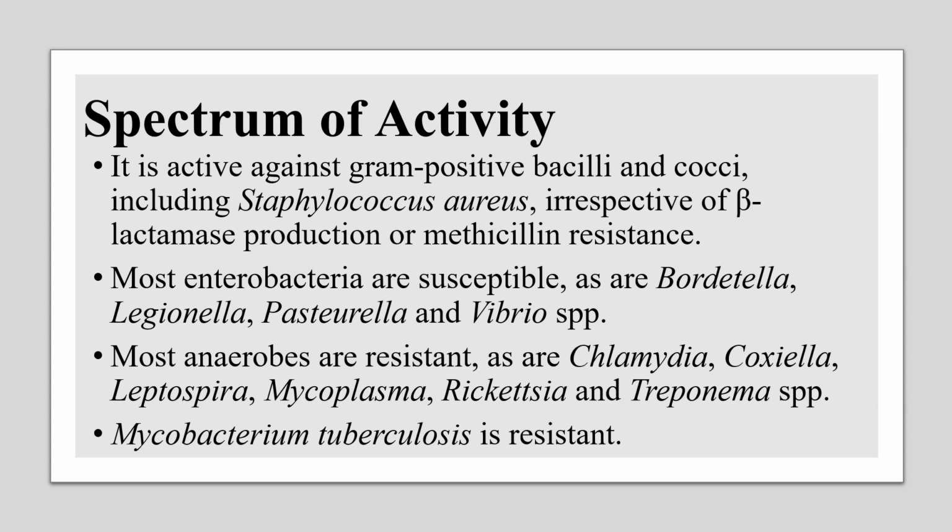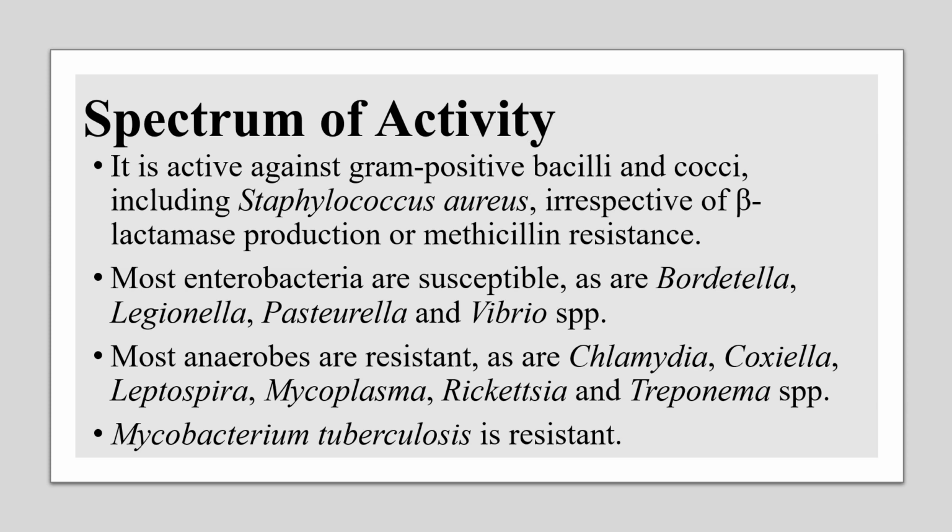If we talk about its spectrum of activity, trimethoprim is active against gram-positive bacilli and cocci, including Staphylococcus aureus, irrespective of beta-lactamase production and methicillin resistance. Meaning, trimethoprim is active against Staphylococcus aureus, beta-lactamase producing Staphylococcus aureus, and also methicillin resistant Staphylococcus aureus.